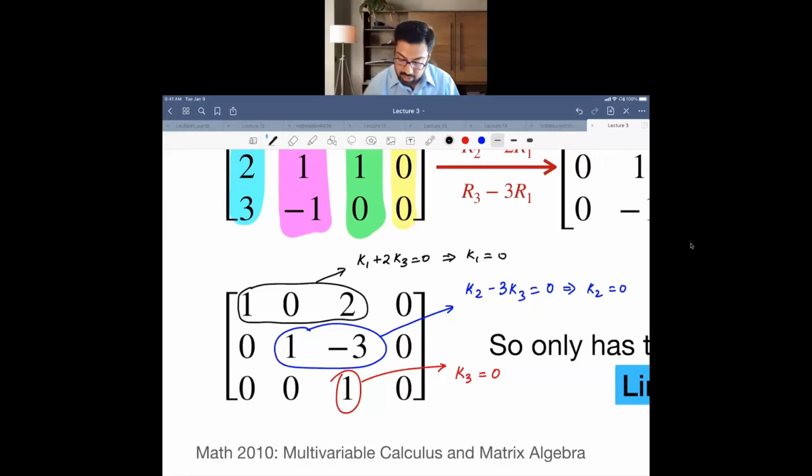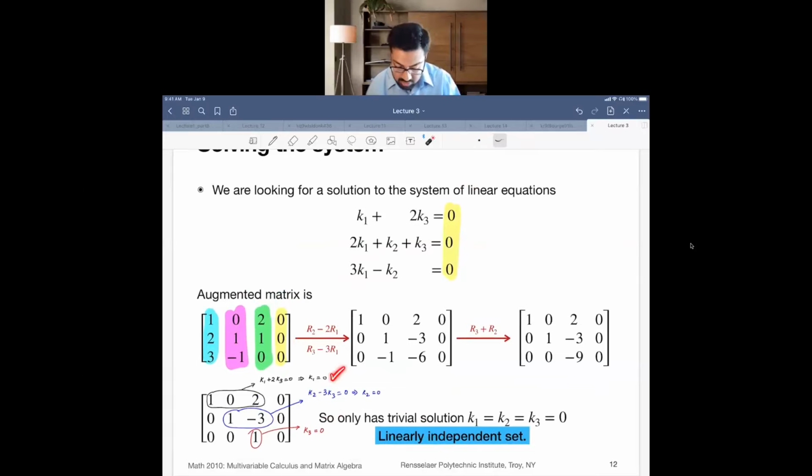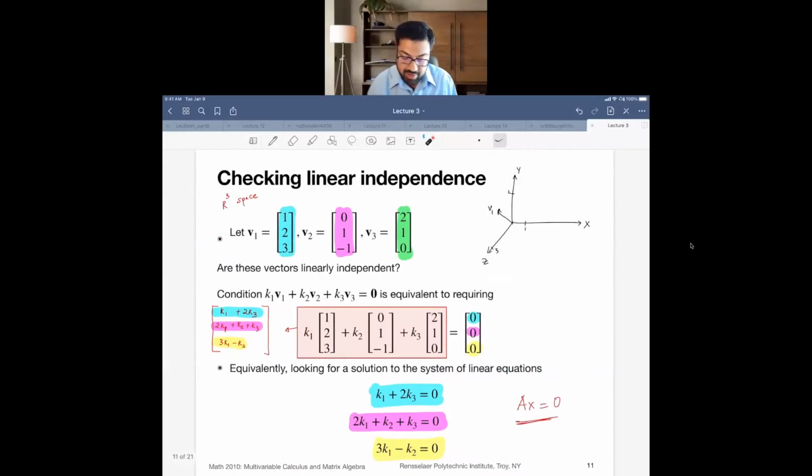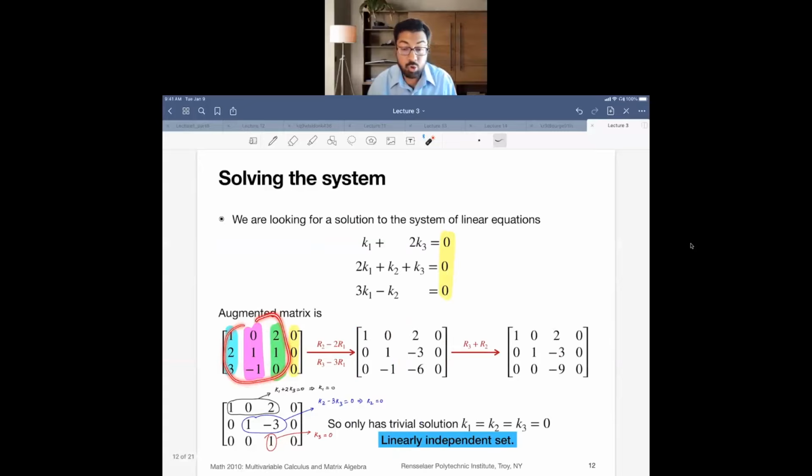So what did you get? You got that the only solution is the trivial solution here. k1, k2, k3 are all 0. So this would be a linearly independent set of vectors. So you see what we did? We took the vectors, we put them in an augmented matrix, and it's a homogeneous set of equations that we get. So we paired it with a vector of all zeros for the constant vector b.